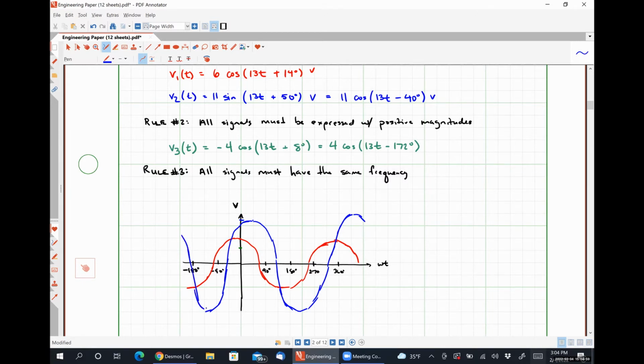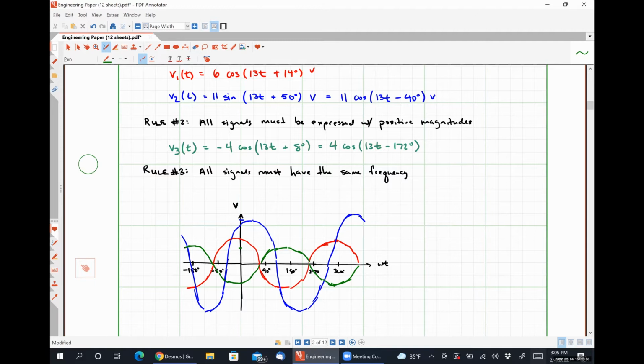Something like this. And then finally, my green guy, V3, negative 172. So that shifted way over here. Something like this. Now, again, I struggle to draw sinusoids or whatever. So I promise we're going to figure out what this hot garbage is that I've drawn in a slightly easier fashion in just a minute.